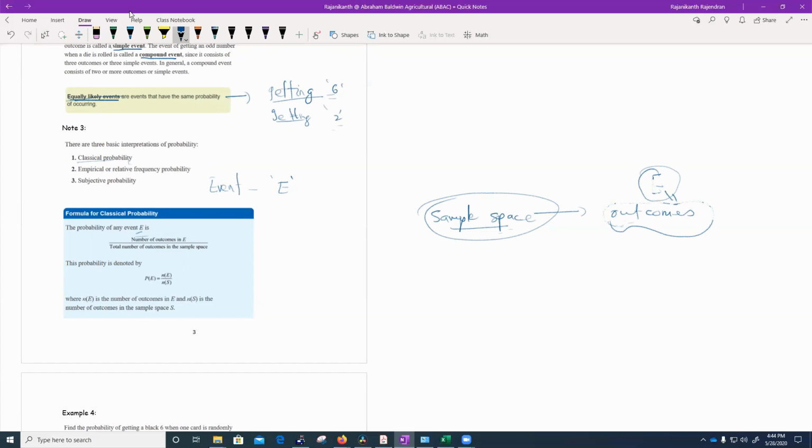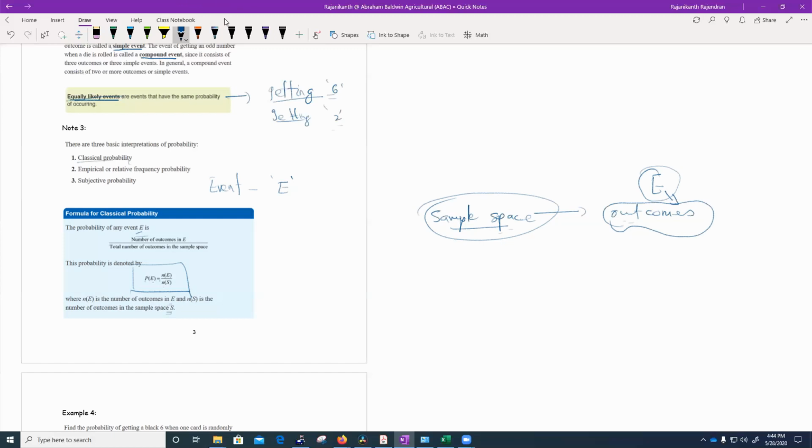In notation, we could use P of E as the probability of event E, given by little n of E over little n of S. Here E stands for the particular event and S stands for the sample space, where n(E) is the number of outcomes in your event E and n(S) is the number of outcomes in the sample space S.